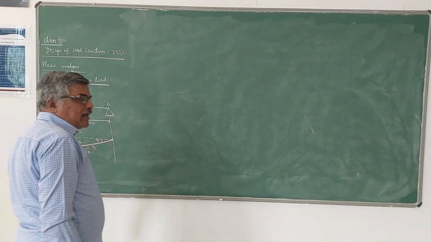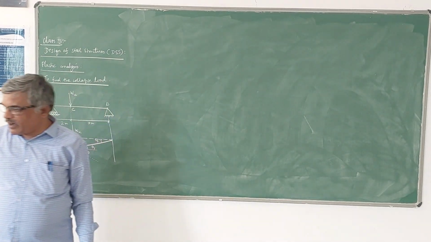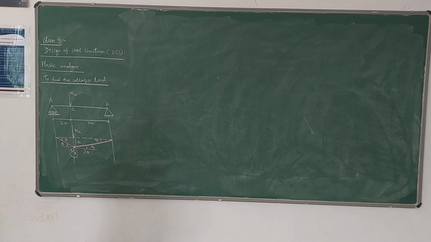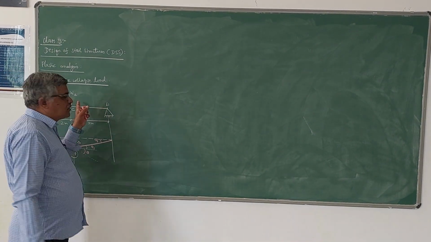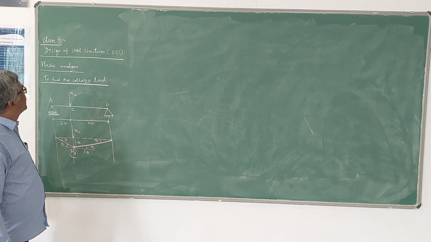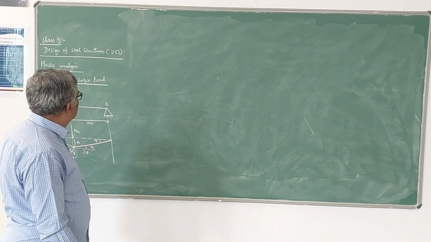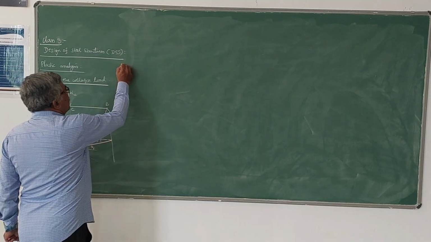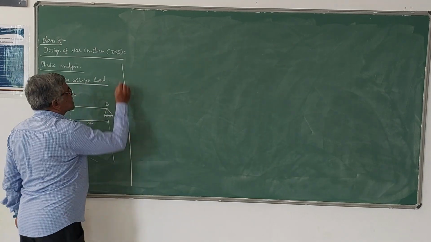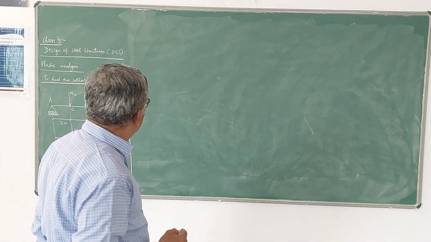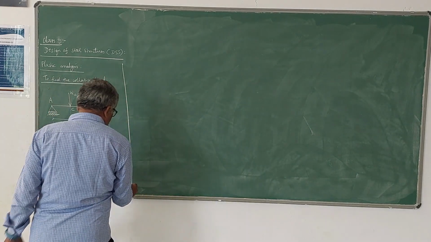Yes. Let us solve a problem on finding the collapse load in the case of a simply supported beam subjected to a concentrated load like this. Before analyzing the problem, we should know what the conditions are to have the collapse mechanism in a steel structure.